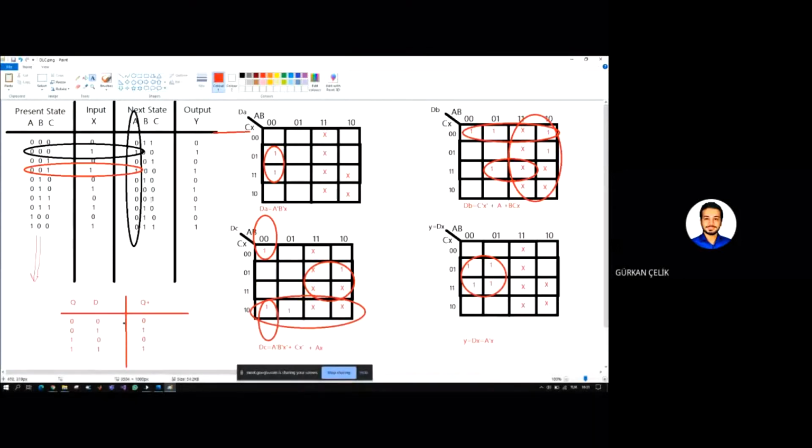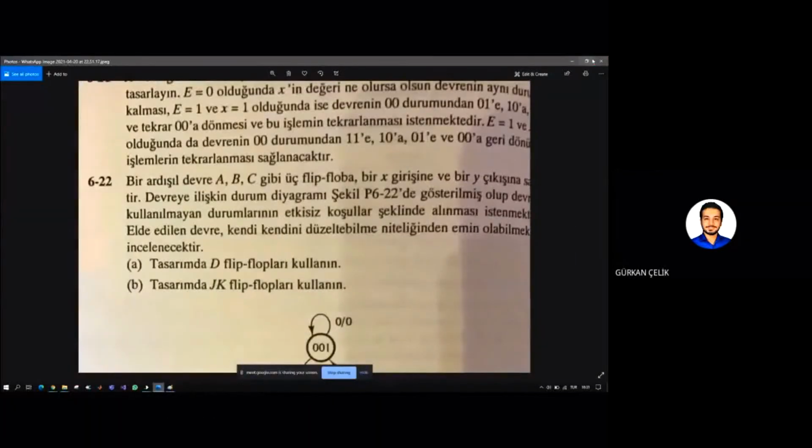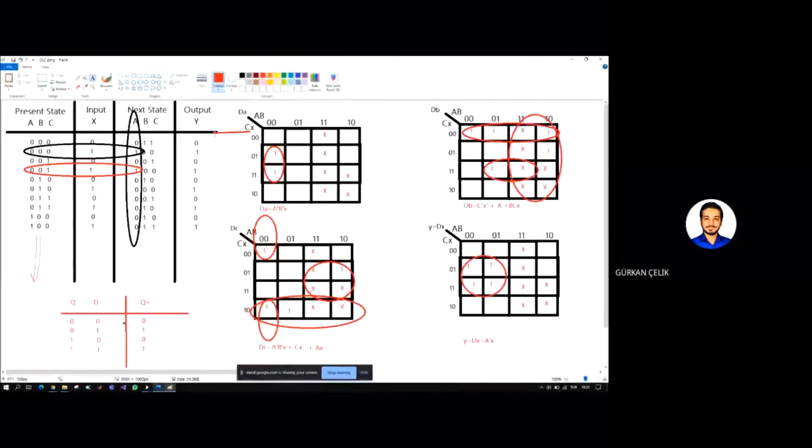Şimdi ben size ödev verdiğim zaman JK flip flop verdiğim zaman şunu yapacaksınız arkadaşlar. JK flip flop'la tasarlayın diyor ya. Şu next state'i oluşturduktan sonra buraya JK flip flop'un excitation table'ını tekrar oluşturmanız gerekiyor. Onu nasıl oluşturacaksınız?